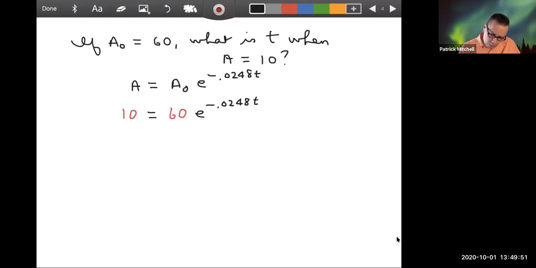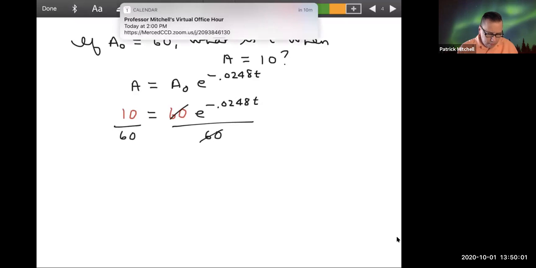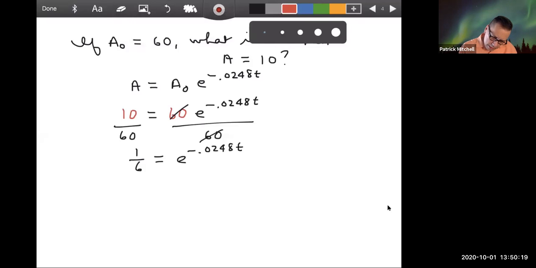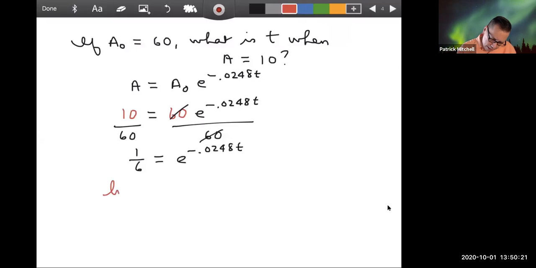All right, so we'll start by dividing both sides by 60. Okay, that gives us 10 over 60, which I can't stand to leave like that. I'm going to write it as 1/6, equals e to the negative 0.0248 t. All right, so now we'll take natural log of both sides.